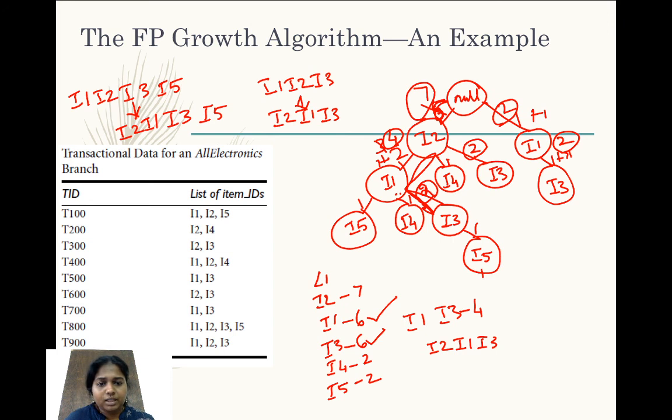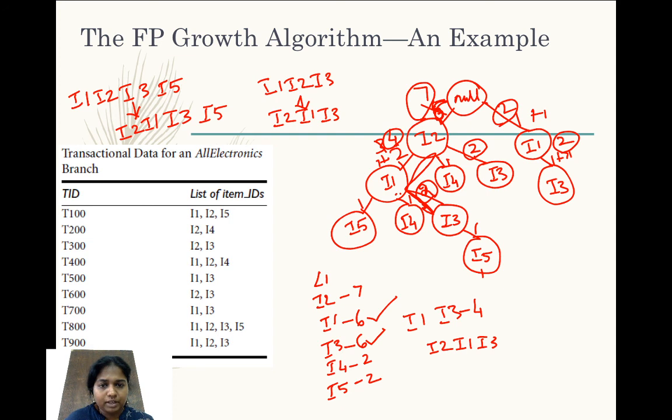And the next pattern is I2, I3. I2, I1, I2, I3 is there.